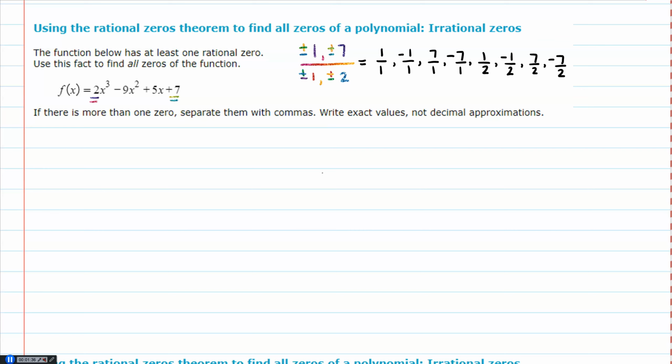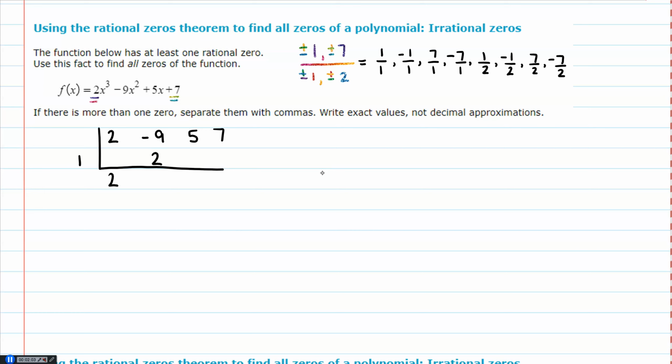And the way we're going to try them is with synthetic division. So I'm going to take these terms, 3, 2, 1, 0. So I've got 2, negative 9, 5, and 7. And now let's try the value 1. So we're going to bring our 2 down, and 1 times 2 is 2.